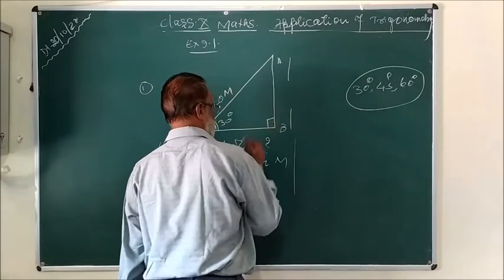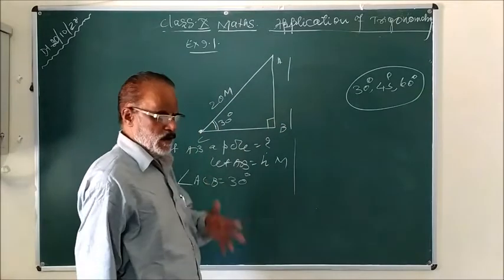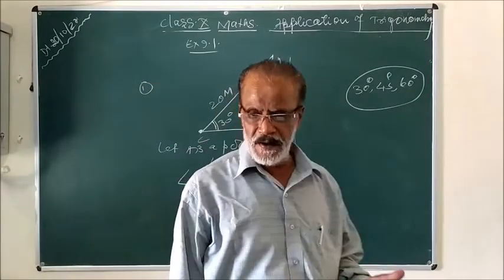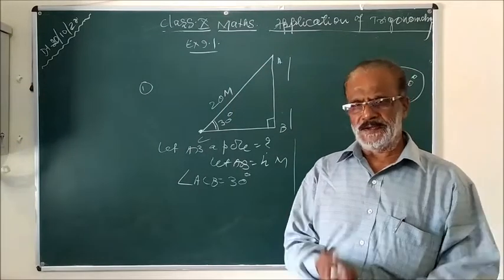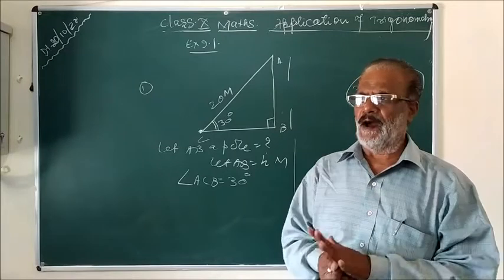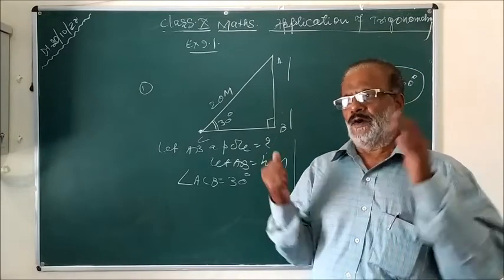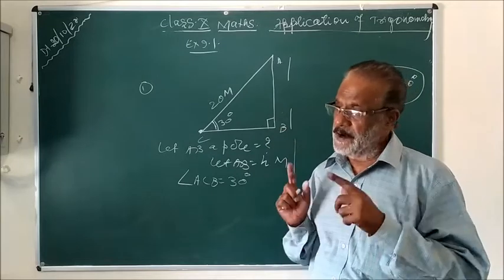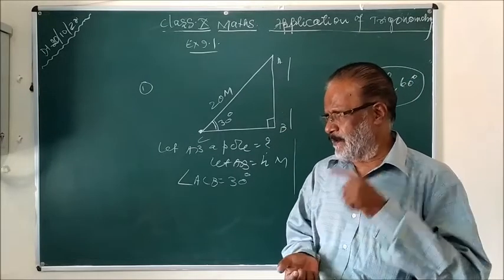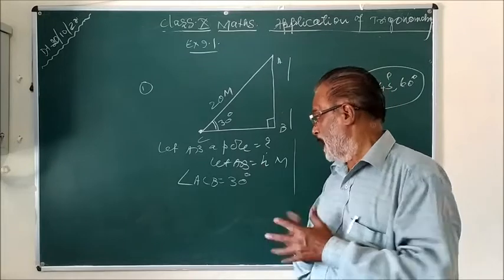This is understood when a building or pole or tower or wall is standing on the ground. It is understood the angle with the ground is 90 degrees. So my dear, this will be 100% a right angle triangle, because in a right angle triangle we can calculate.